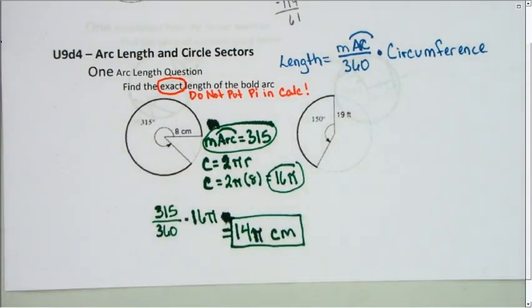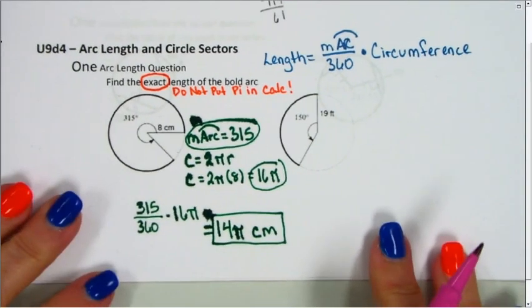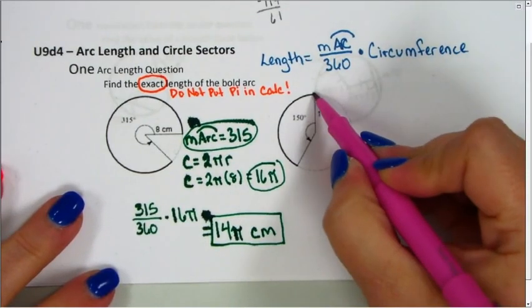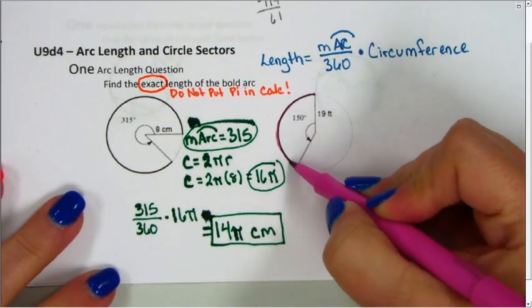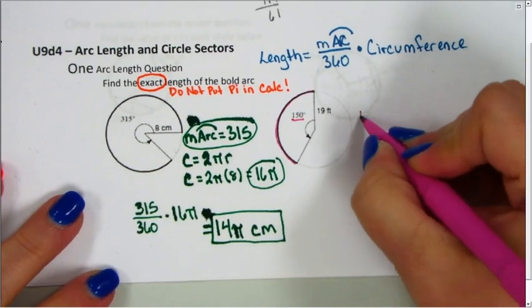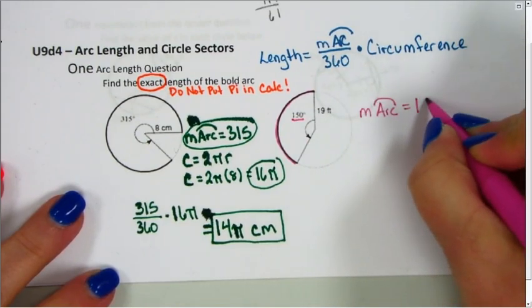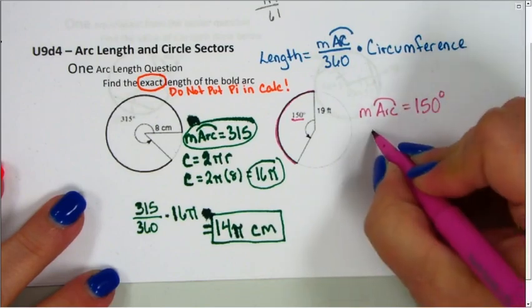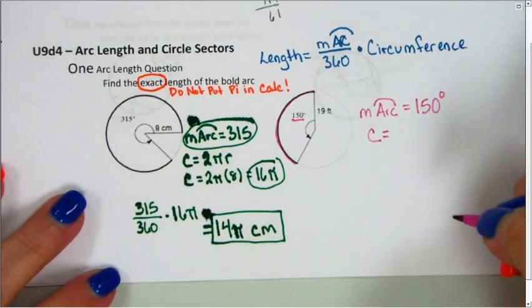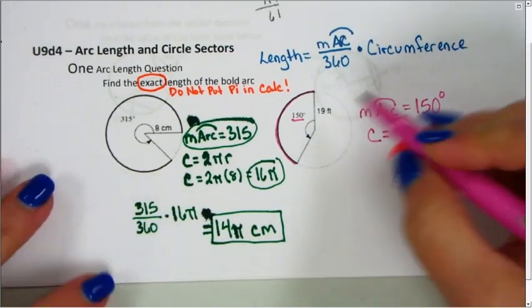Okay? All right, the next one, again, we need to find the measure of the arc, and we need to find the circumference. So the measure of my bold arc, right here, I can see is 150. The measure of the arc is 150 degrees. Then I need the circumference, which I can use 2 pi r or diameter times pi.